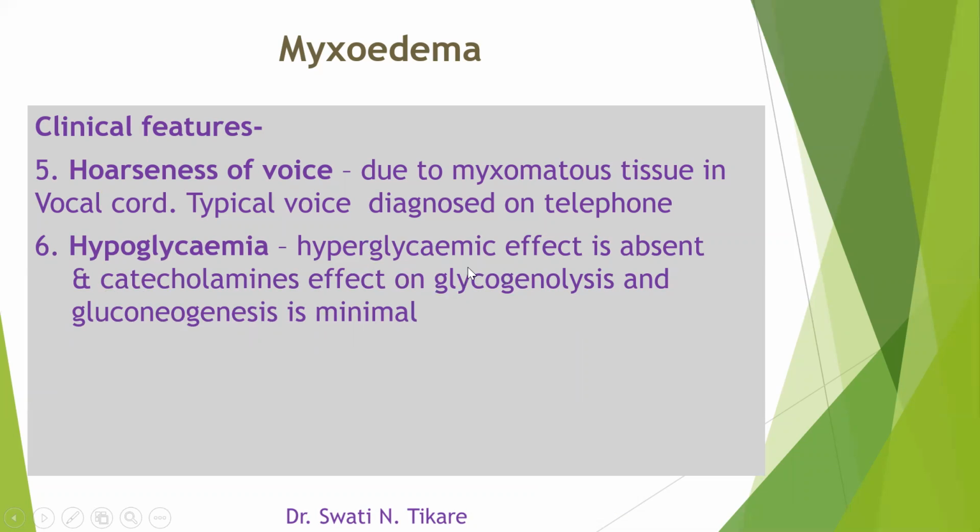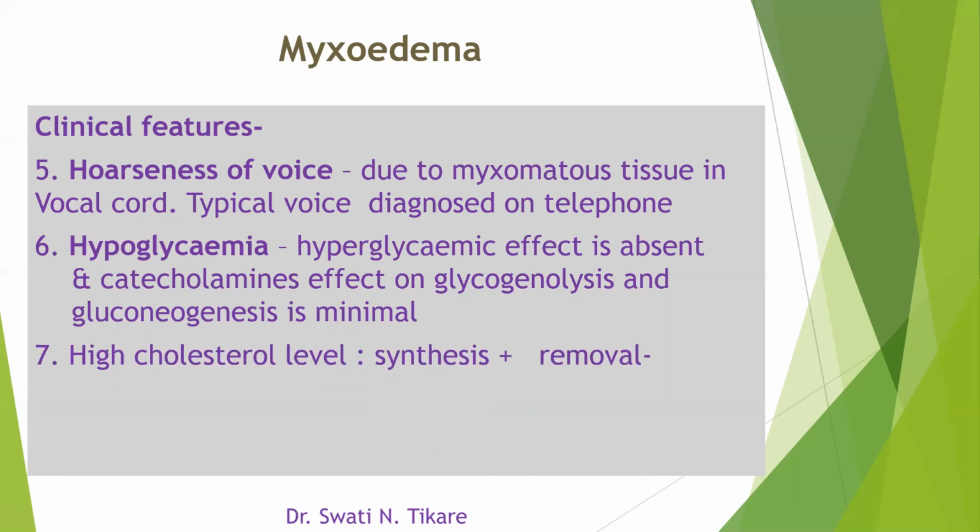So all these effects are absent in the absence of T3, T4, because they should give a permissive effect for the catecholamines to do this function. So ultimately in myxedema, there will be hypoglycemia, low blood glucose levels.